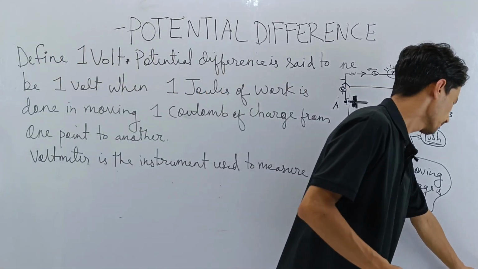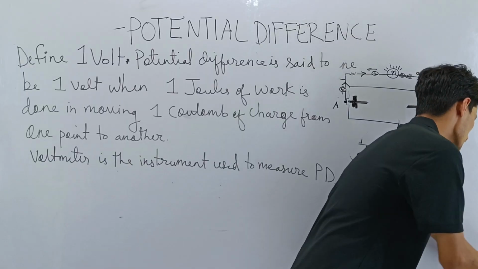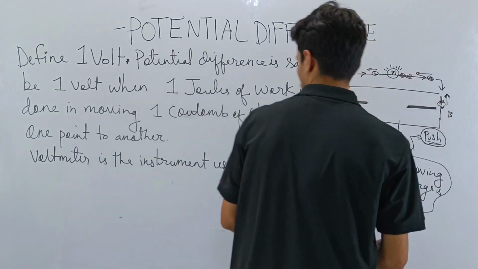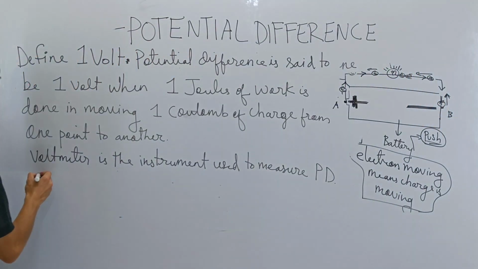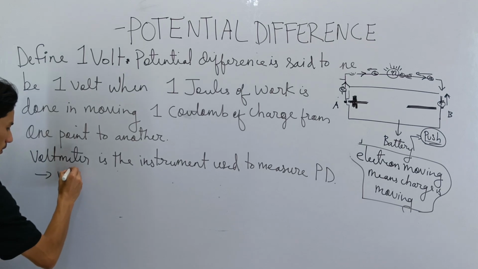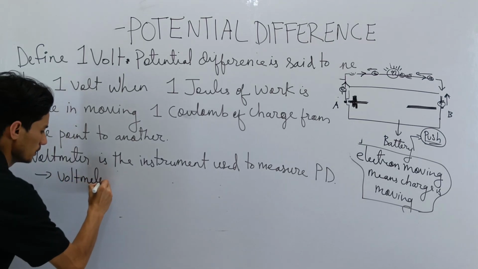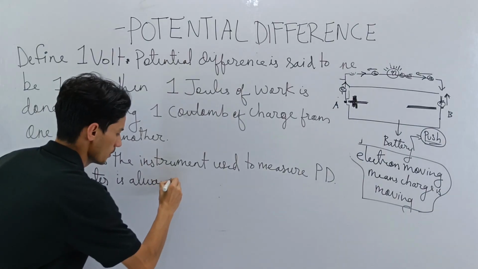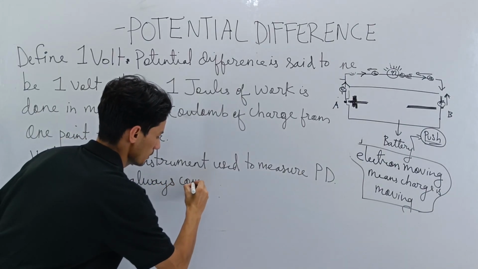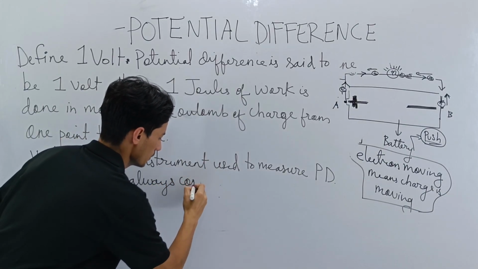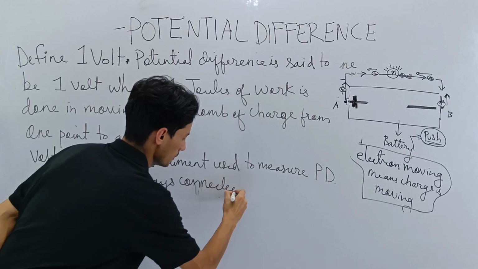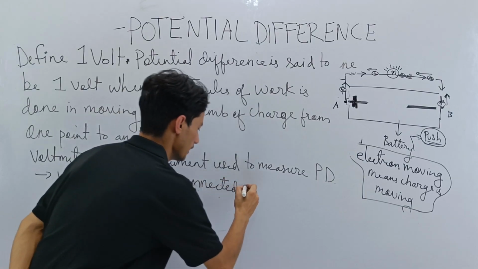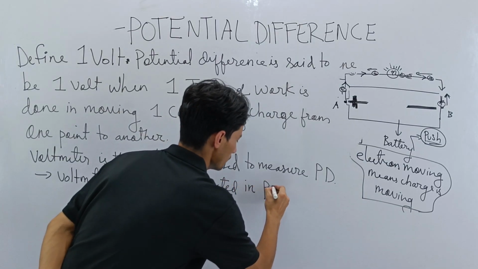There are certain things about the voltmeter which you have to know. A voltmeter is always connected in parallel.